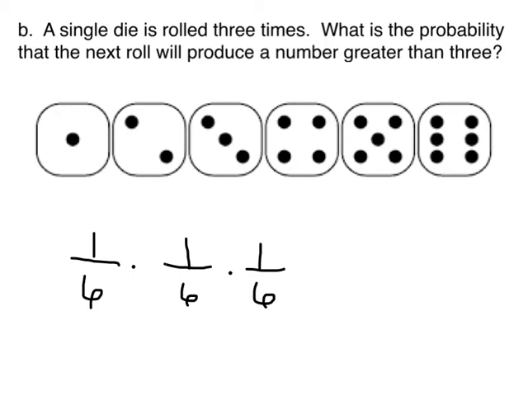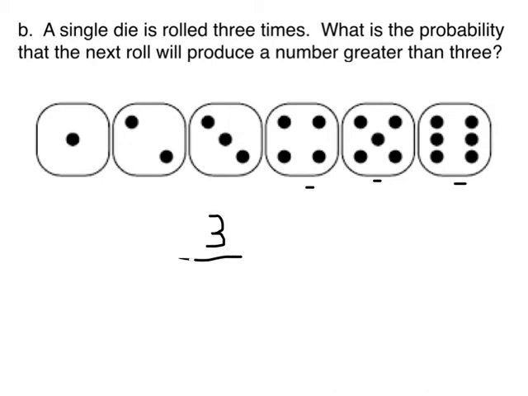In this one we're not actually going to do the 1 over 6 because of what it's asking us to find. In this one, we only have 3 choices that are greater than 3, and that is 3 out of 6. So 3 outcomes out of 6 could be a number greater than 3. We're going to reduce that to 1 over 2.